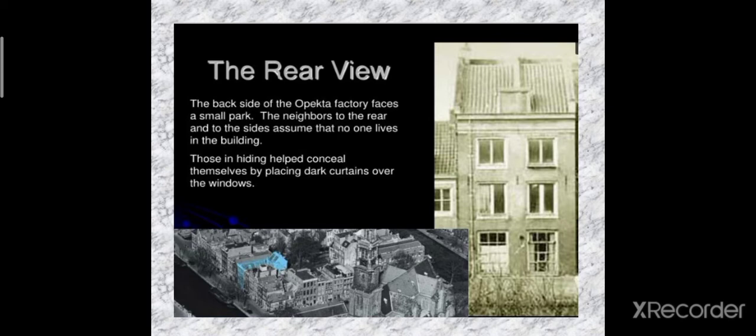And at the back side of that particular office building there was a small park. So the residents who were in hiding used to cover all windows with black curtains so nobody could notice the movement inside the building. In that way they managed for almost 2 years.